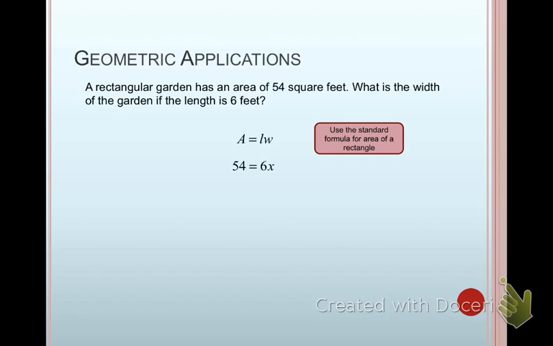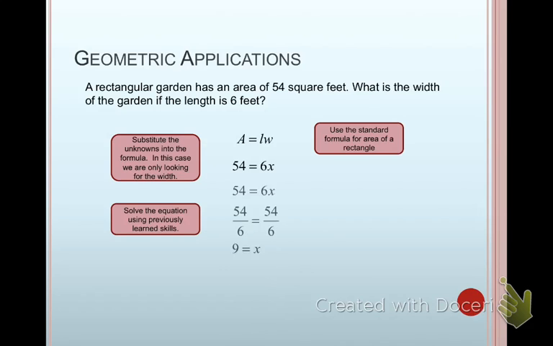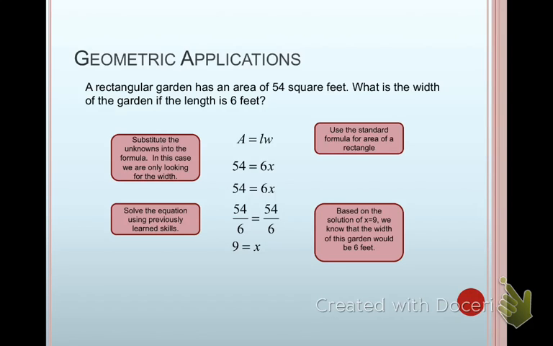So if we plug in the values we know, we have 54 equals 6w. If we continue to solve this equation, we divide both sides by 6, and we find that w equals 9. That tells us the dimensions of the garden are 9 by 6, and we have our solution.